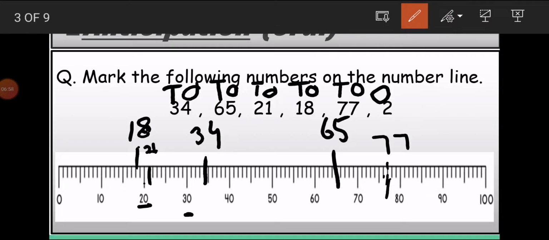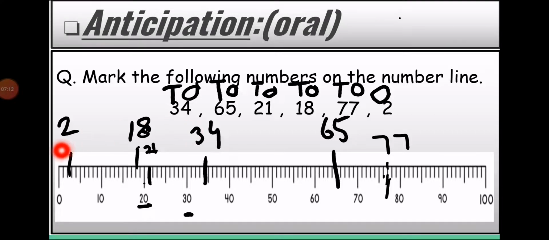Now we have placed all the numbers on the number line. Again I am marking it neatly. So here is 2. Now you can see the first number on the number line is 2, next is 18, then 21, then 34, then 65, then 77.